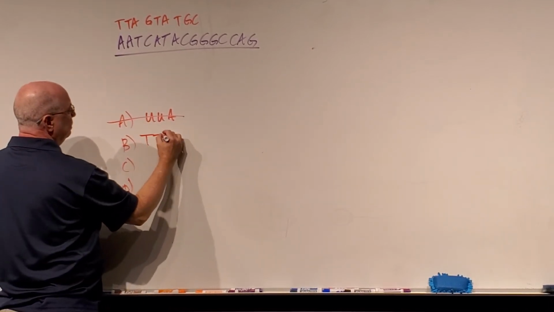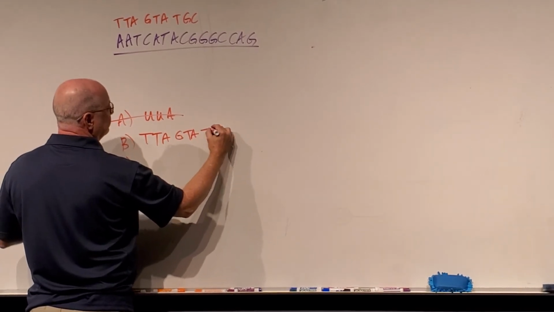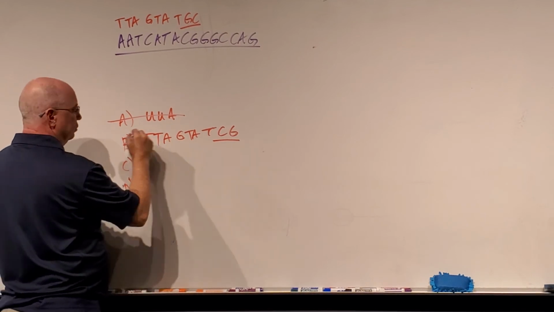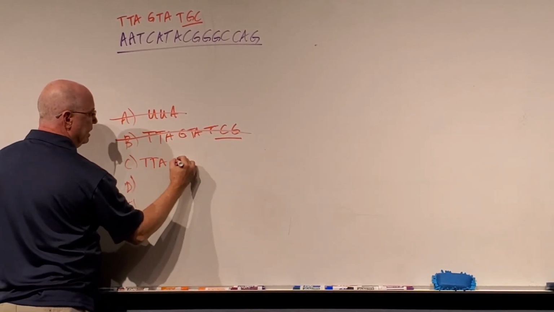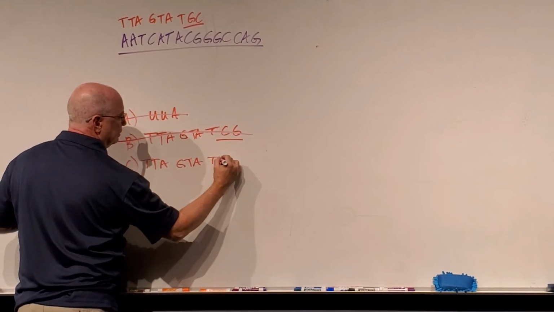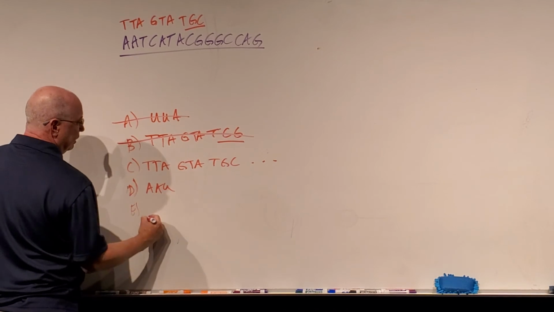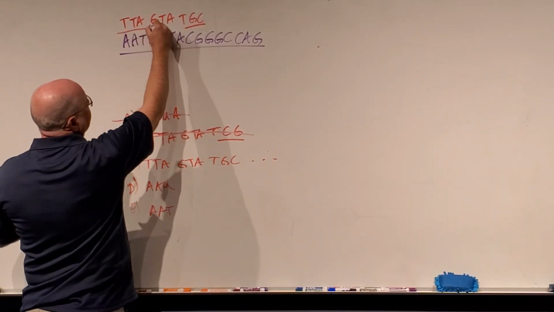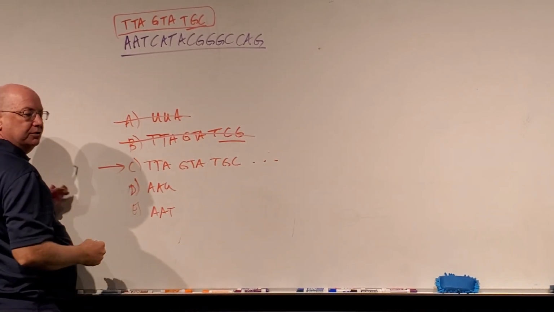If answer choice B starts with TTA, and then it has GTA, and then it has TCG, that's not correct. So this one would not be correct. If answer choice C has TTA, GTA, TGC, and this one has AAU, and this one has AAT, you could look here and go, this is my answer. That's the only one that matches.